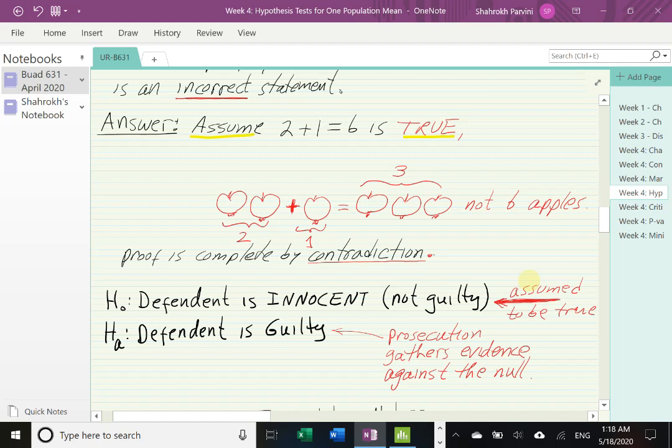So, here I have the null hypothesis is that the defendant is innocent, meaning not guilty. The alternative must be the complement of that, right? That it is guilty. It doesn't say maybe guilty, but it has to be the complement in this case. So, in this line of proof again, we always assume the null is true.